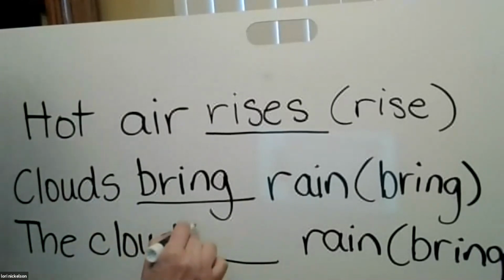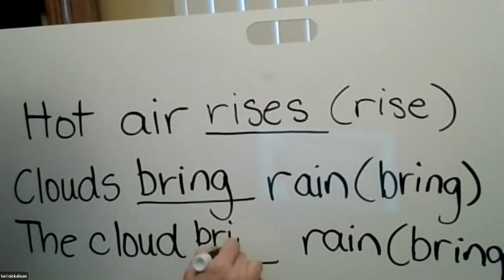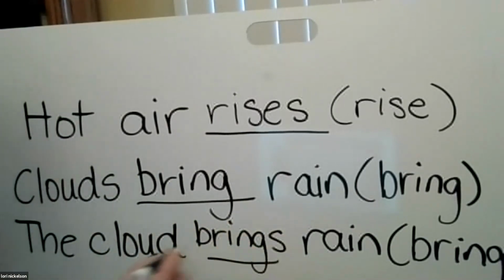It's brings. We're going to add the S on it because this is singular. So we need to add the S here to make it the plural form of the verb. The clouds brings rain. Okay. All right.